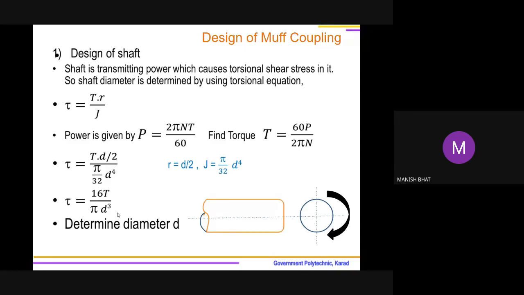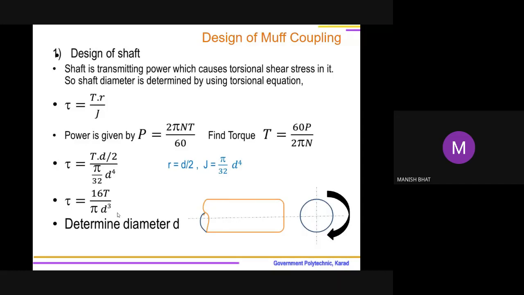As you select the material, from the selected material you are in a position to find the design shear stress or allowable shear stress. Allowable shear stress is equal to half the yield tensile strength upon the factor of safety.